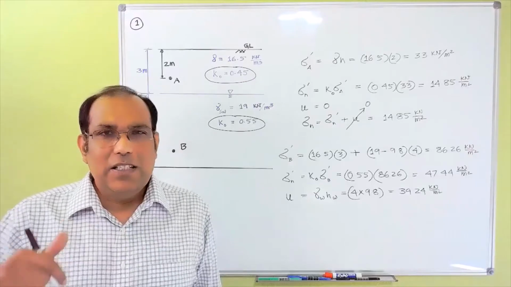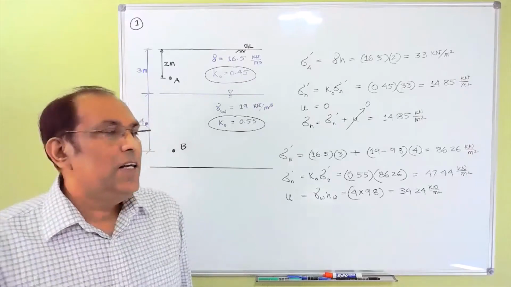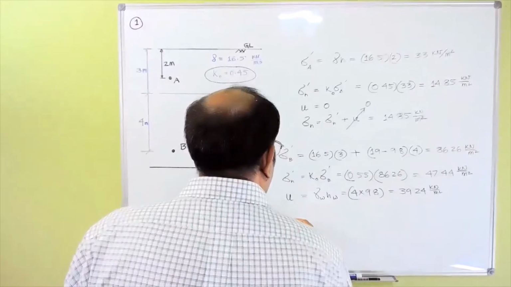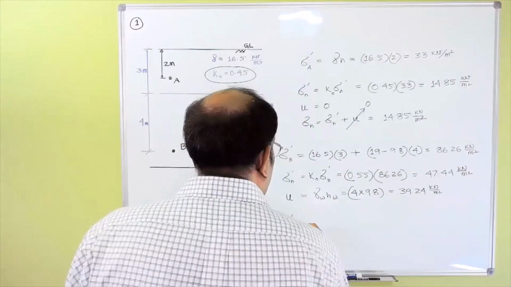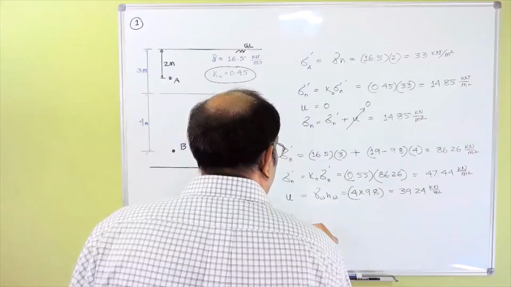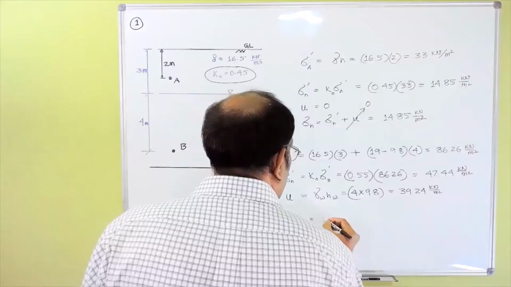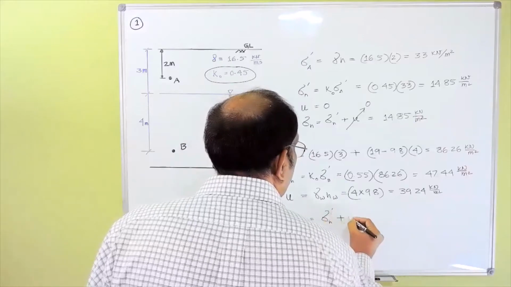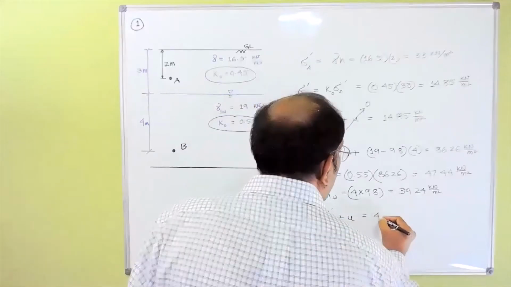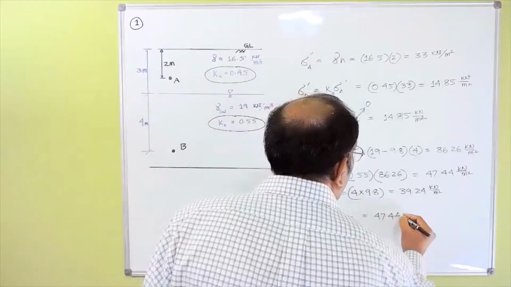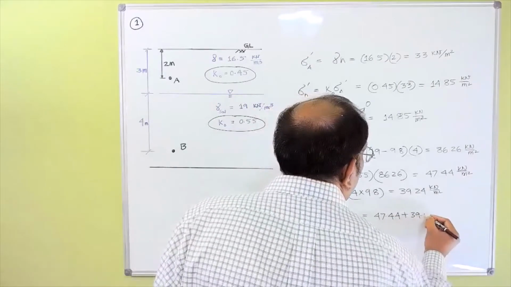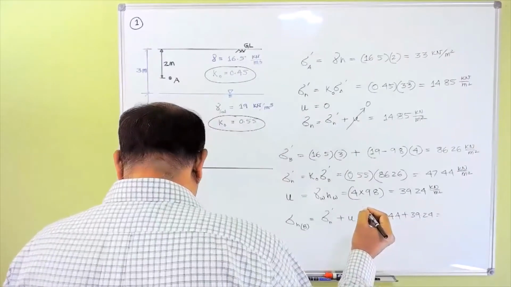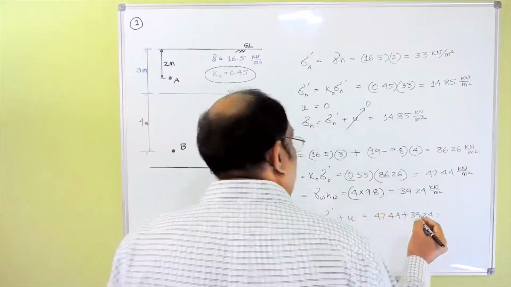So it doesn't matter whether it's vertical or horizontal pressure. So the horizontal pressure is the same as the vertical pressure. So your total horizontal pressure at B is 47.44 plus 39.24, that's actually 86.68.